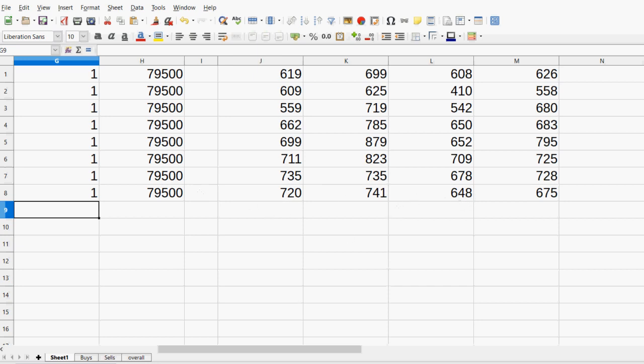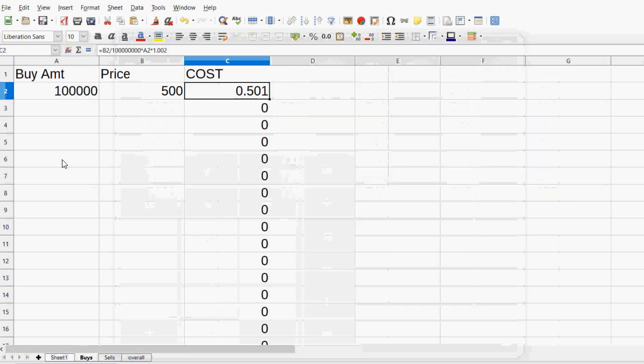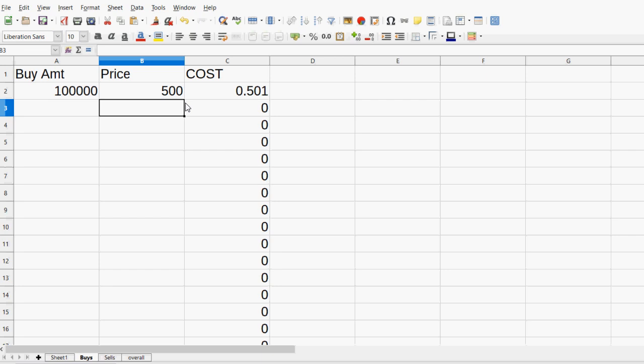So in a situation here, 741, and I'm not going to be buying it from this. I just want to see how many orders should fill. So subtract that by 7.